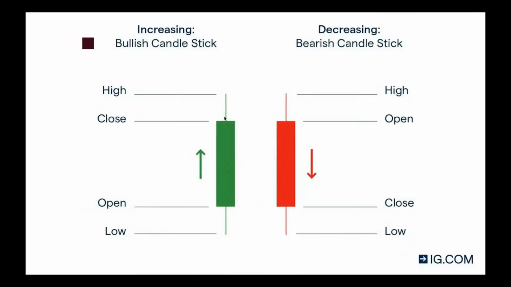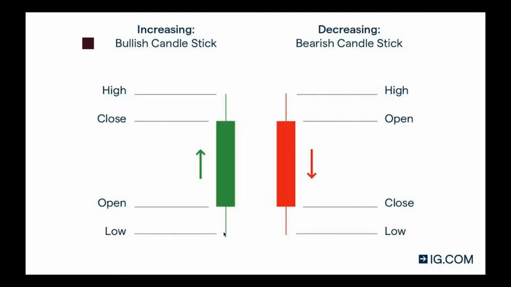The highest point the price of the stock went to is the high. That we can call the wick of the candle. So this is the wick of the candle. The low end to which the price went is called the low price.